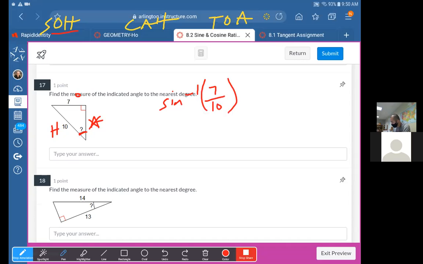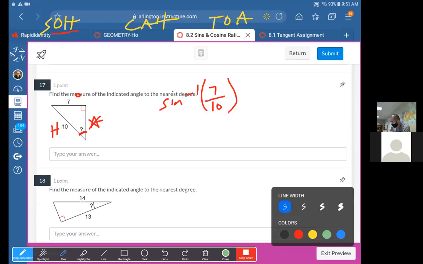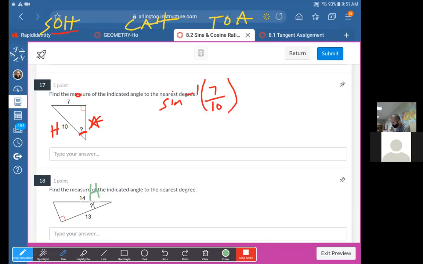Then on 18, you've got the hypotenuse and you've got the adjacent, but not the opposite. So it's cosine. For the angle, you do the inverse. So 13 over 14. Plug that in the calculator, you'll get the answer. Let me do one of them.